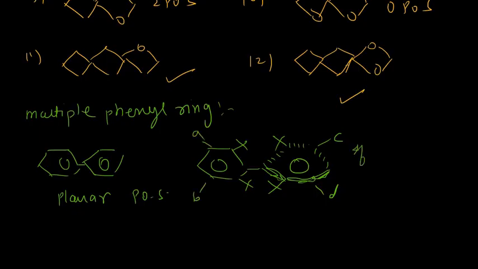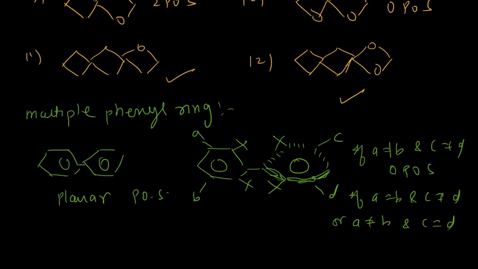If A not equals to B and C not equals to D, then it has 0 POS. If A equals to B and C not equals to D, or A not equals to B and C equals to D, it has 1 POS.